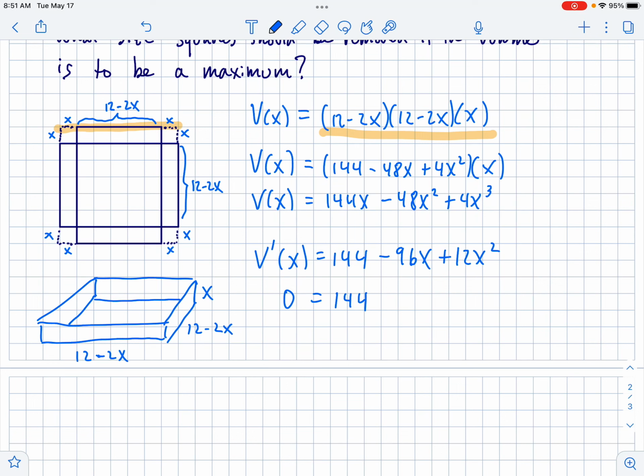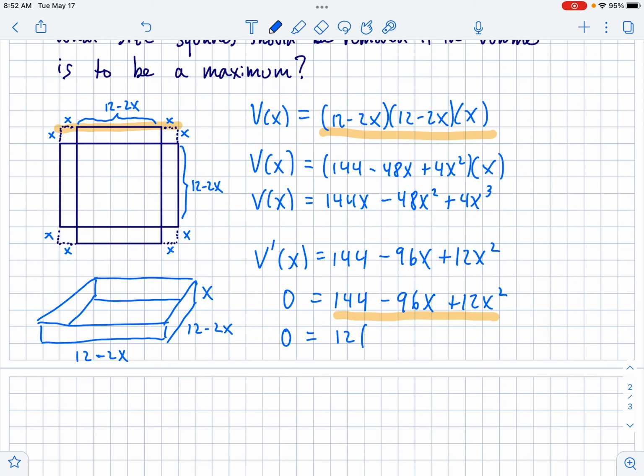Now, when you set this equal to 0 to try to find any minimums or maximums, I'm not going to take your graphing calculators away from you, because I want you guys to have them on the test. So know that this problem could be factored by hand, that this is nicely factorable. But I'm fine with you guys graphing that and then using the zero function on your calculator. And when you do, you are going to get that x is 2 and 6.